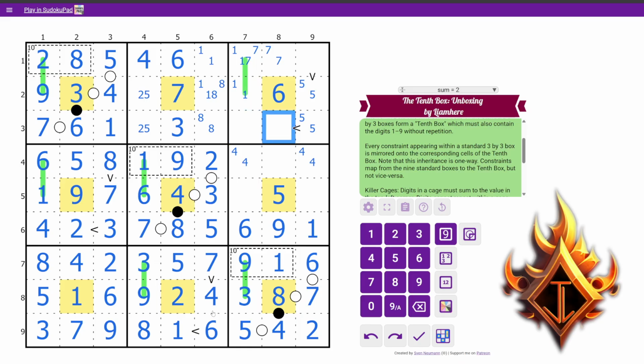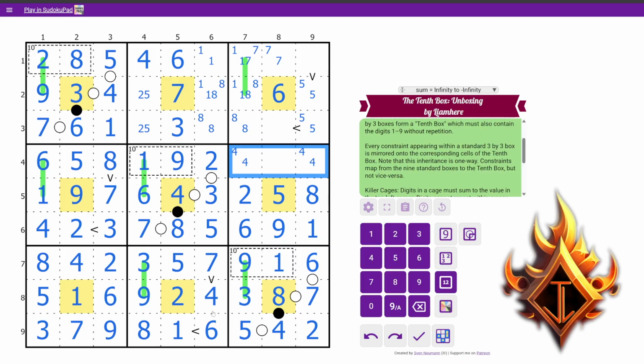Both of which appear fine at the moment. In this row, we have a 2, which goes there, and an 8, which goes there. The 8 could be on the green, but so could the 7. This one has 4, 7, and 3.